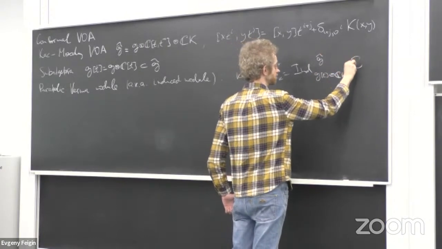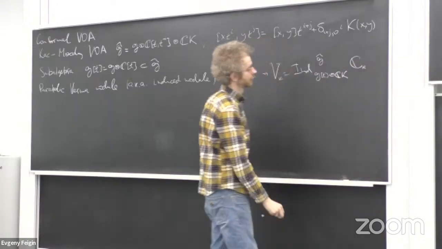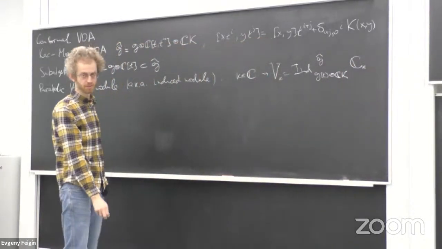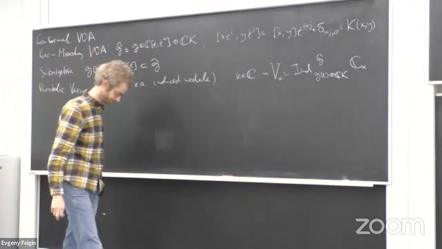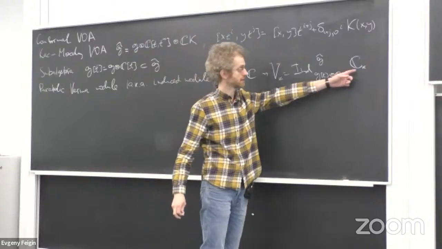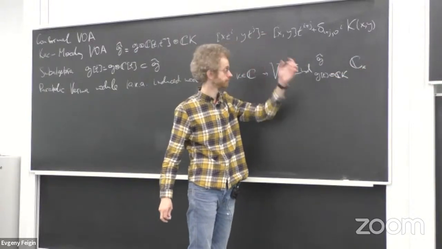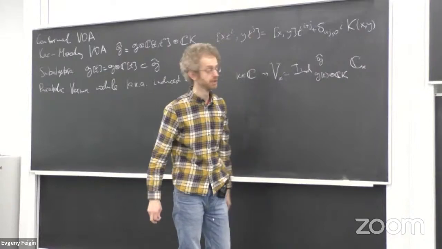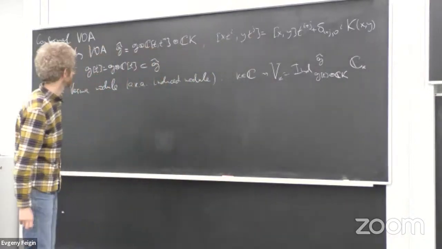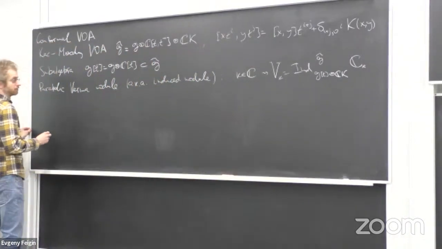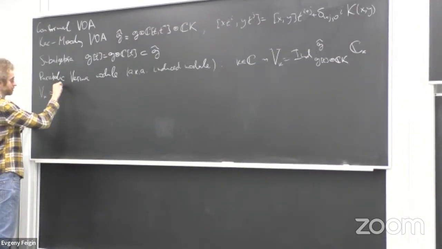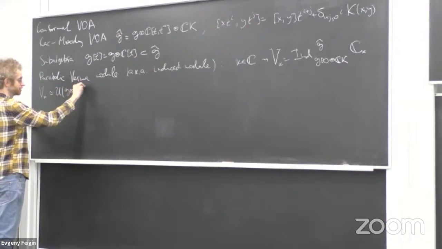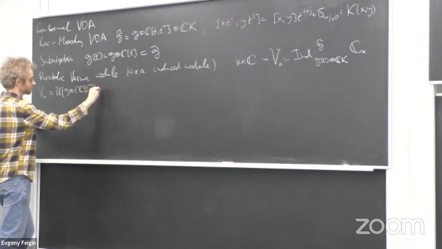Here we have a one-dimensional module corresponding to this number k, where k acts by the constant k and g[t] acts by zero. So in other words, Vk is isomorphic to the universal enveloping algebra of g tensor t inverse C[t inverse] as a vector space.